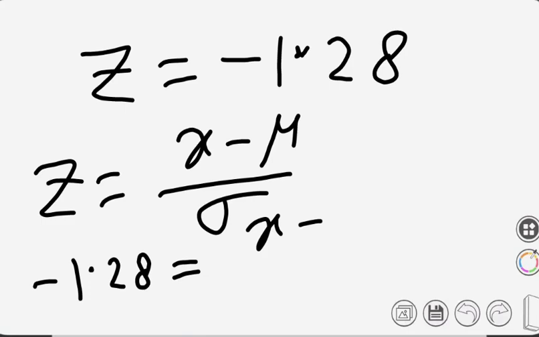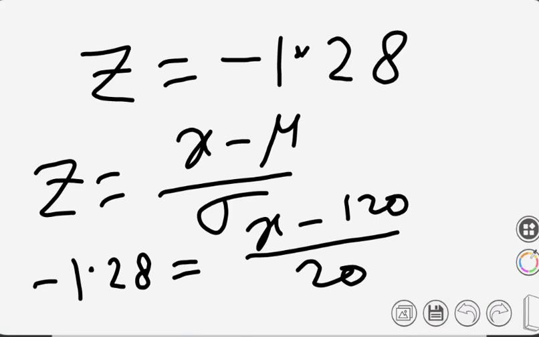We are doing question number 2. What was the value of mu? 120, and sigma 20. Calculate the value of x. Hence x equals 1.28 into 20.